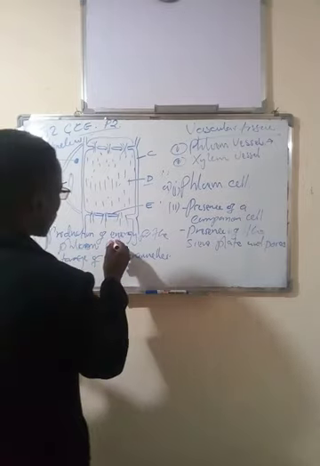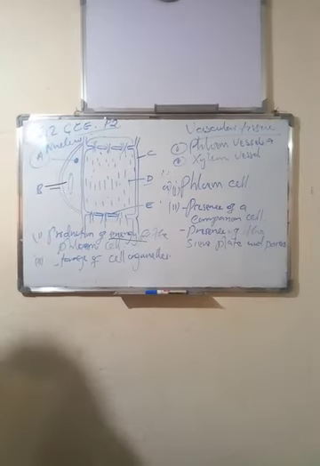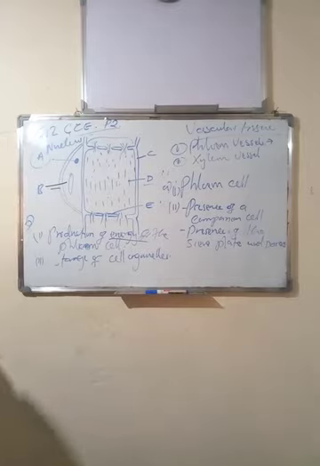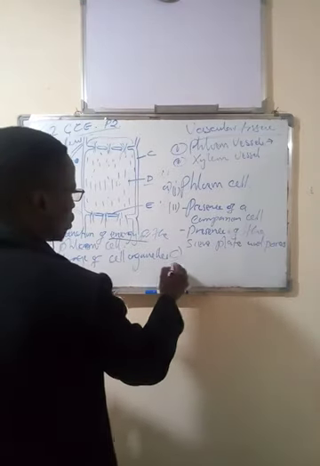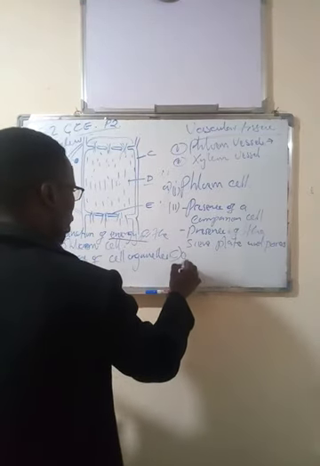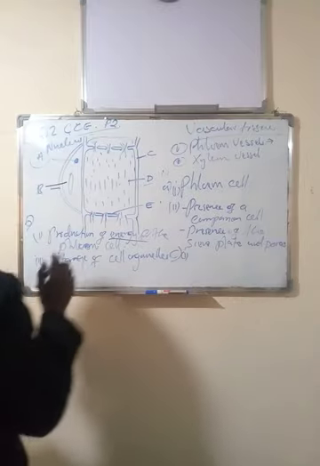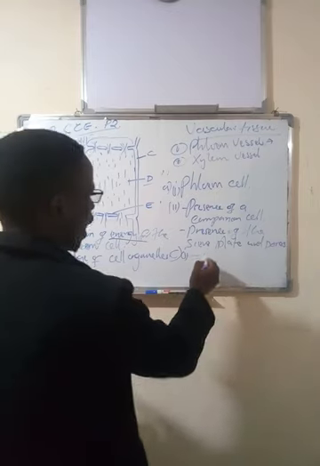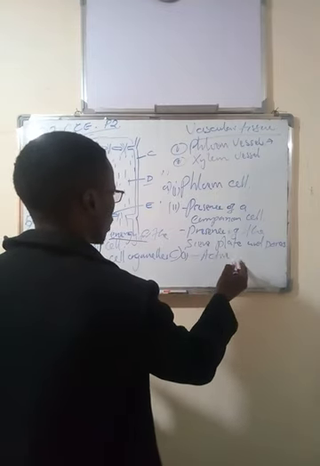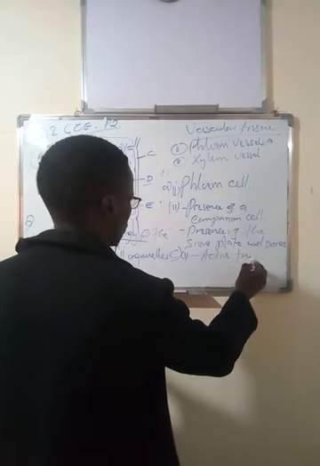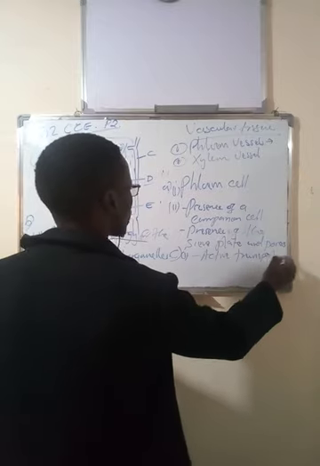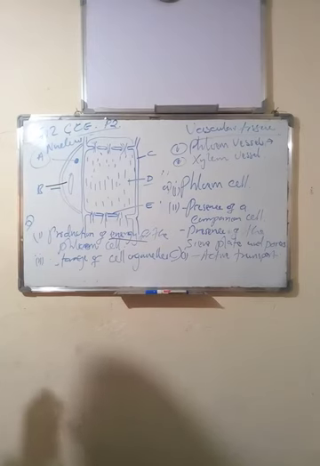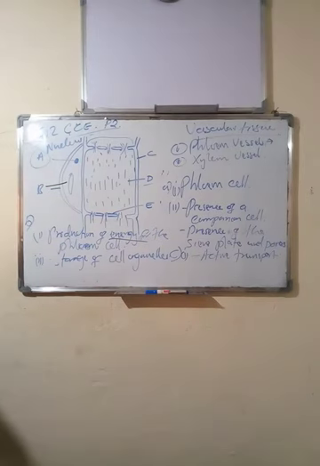It means that the process by which these substances are transported is active transport. Okay, so active transport is the process by which substances are transported in this specialized cell.